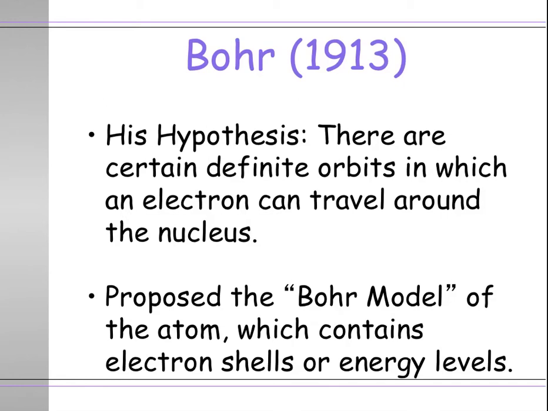But what came from this, his hypothesis, was that there are certain definite orbits in which the electron could travel around the nucleus. So we get from this, and I'm sorry it's not typed in here, but you can definitely add this in your notes really big, and we will go through it in class and label it, what is called a solar model or the Bohr model.